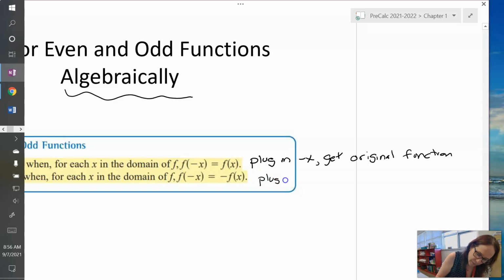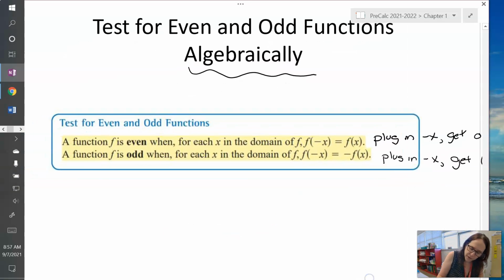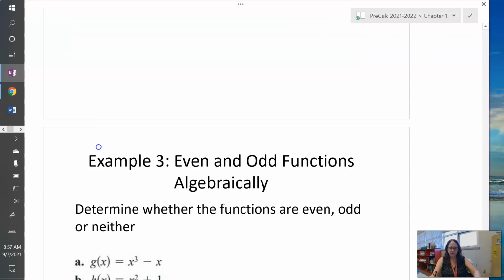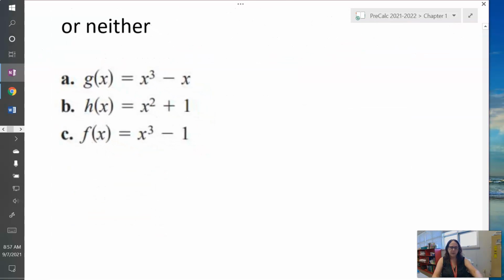So plug in negative x, get -1 times your original function. And that's what this notation means. So you see right here, that negative in front, that's going to be a -1 times your original function. So let's do some of these so that we can see how that works.